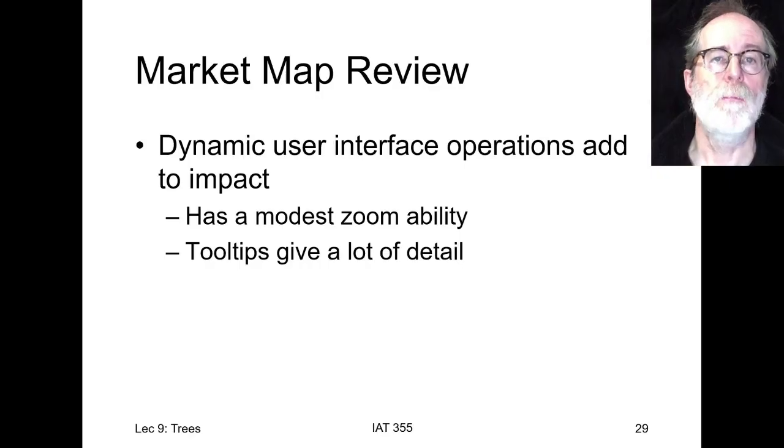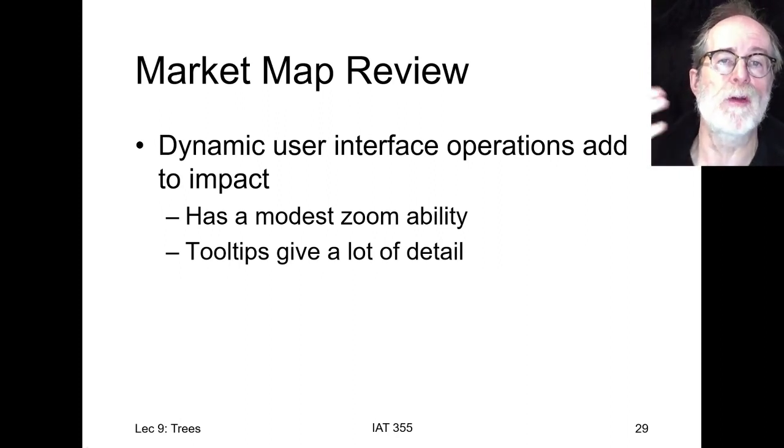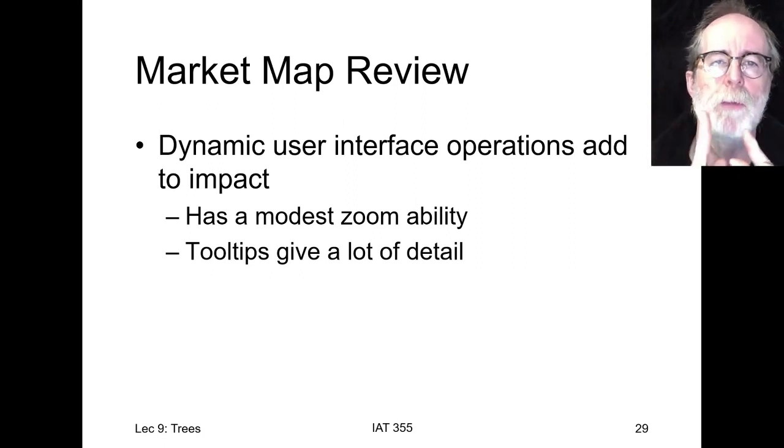So going back to the slides, one of the real advantages of this thing is that those dynamic interface operations really add impact. In particular, they give you a lot more detail. In the earlier variations of this thing, it would just give you a pop-up of the individual price of the stock itself and allow you to drill down on that.